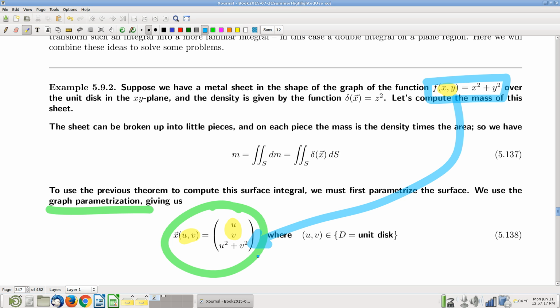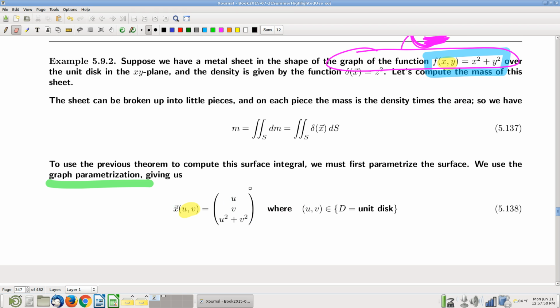It's a special case of the more general idea we talked about a long time ago: if you solve for one of the variables in terms of the other variables, then that motivates a parameterization. And here, notice when you're looking at the graph of that function, the graph is z equals. That's what graph means. Z equals. And so I have solved for one of the variables in terms of the other variables.